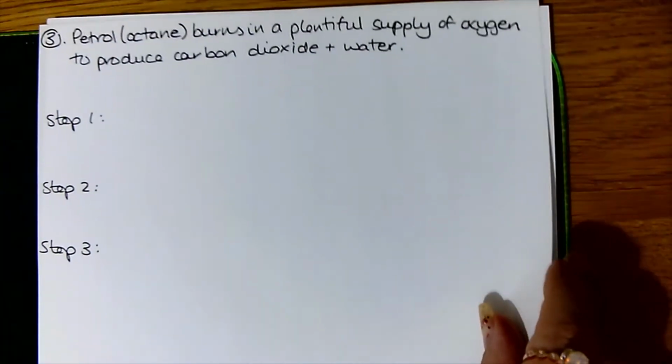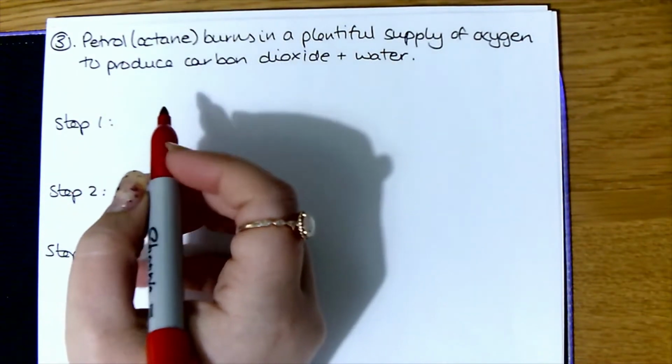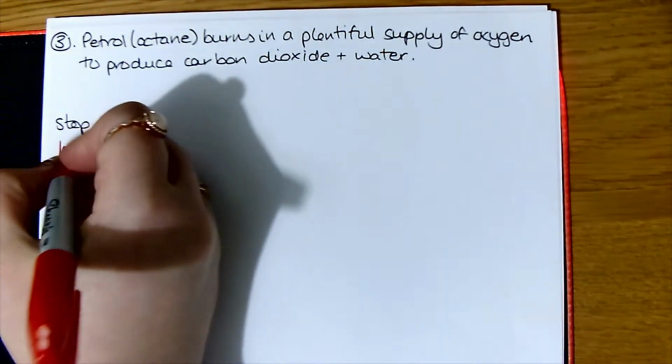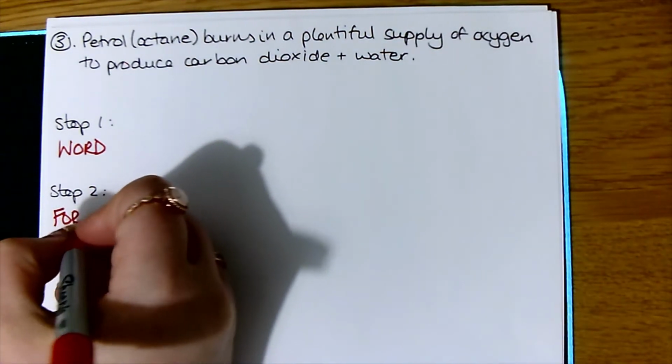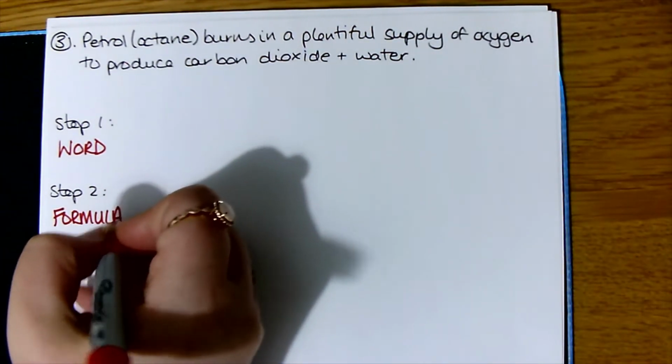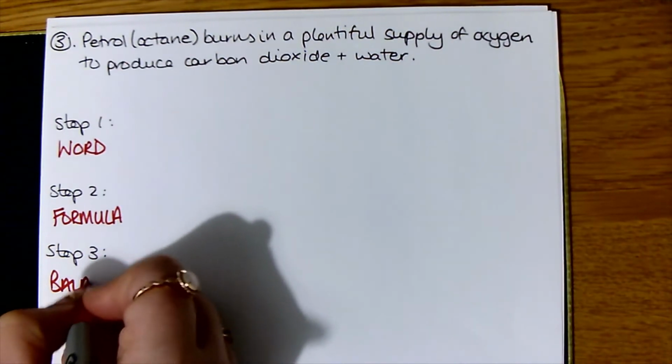Let's move on to a different example. Here we have an organic chemistry example, an example where we've got carbon, hydrogen and oxygen present. So step 1 again, word. Step 2, formula. And step 3 is balance.